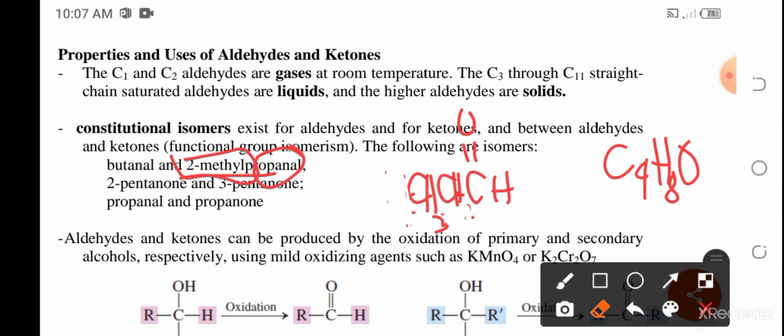So we remove one hydrogen and attach a methyl here. Okay. So this is now the structure of 2-methyl propanal. Looking at it, there are also 4 carbon atoms, so that's C4, and H8 with 1 oxygen. So with this, butanal and 2-methyl propanal are isomers.